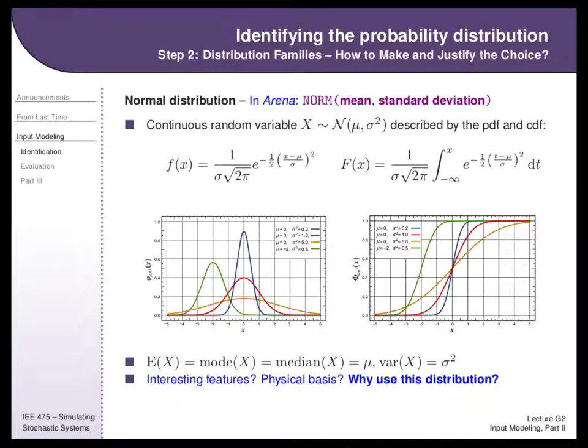And so I'm just going to go over 4 of these that are the common ones, just as a reminder. NORM, implemented in ARENA this way, has the second parameter as standard deviation. Every program does this a little differently. Some ask for variance, some ask for standard deviation. We typically specify it mathematically with variance. It's the symmetric distribution. So what's interesting about it?